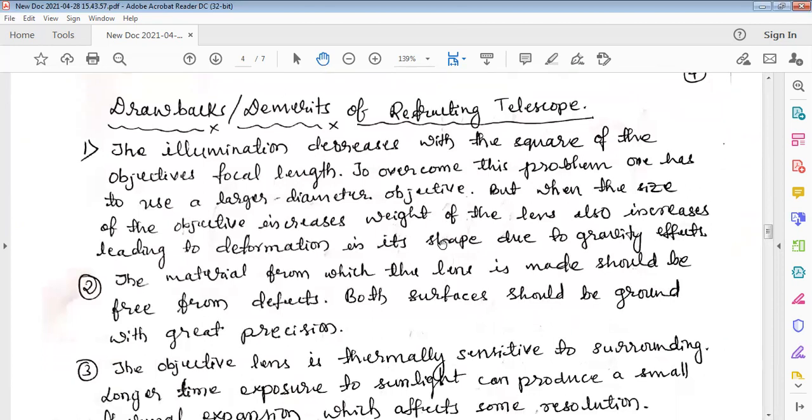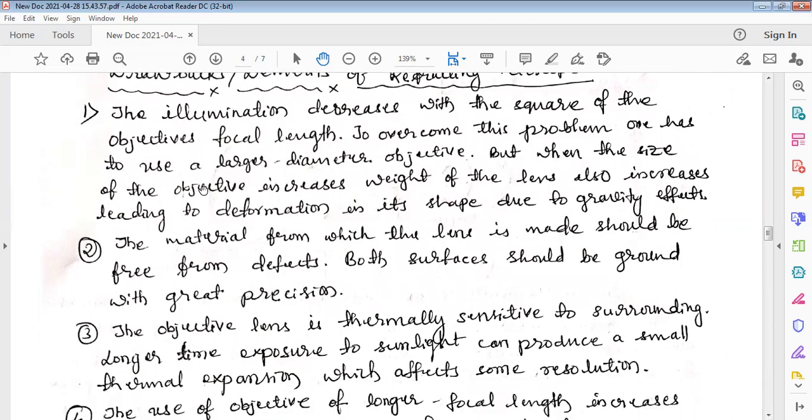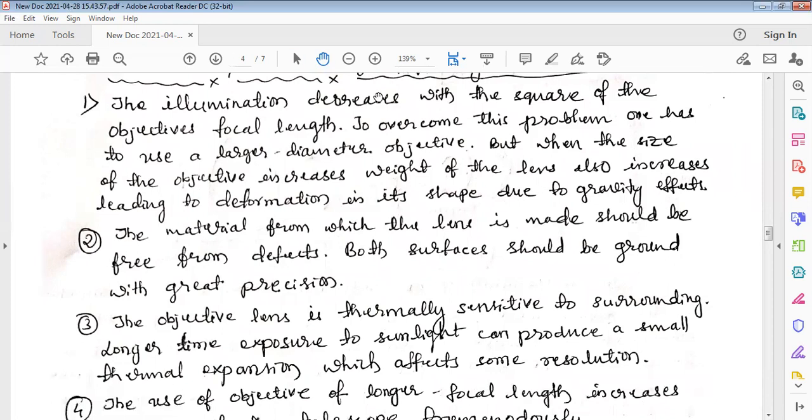Then we'll see the drawbacks or demerits of this refracting telescope. Even though it was made successfully, it has a very large number of demerits, and we'll see them one by one. The illumination decreases with the square of the objective focal length.